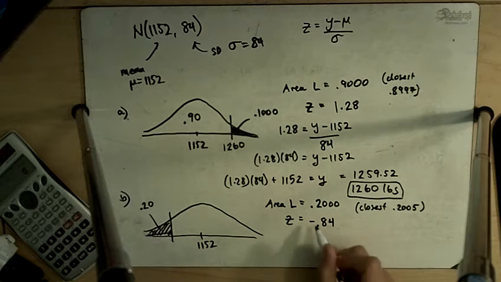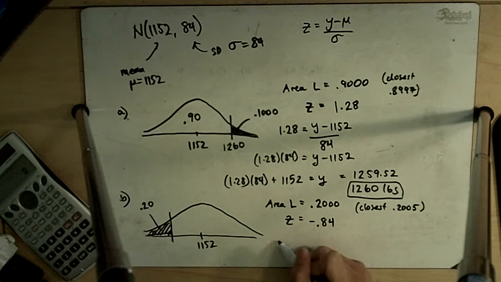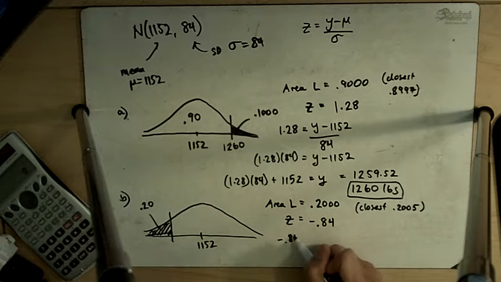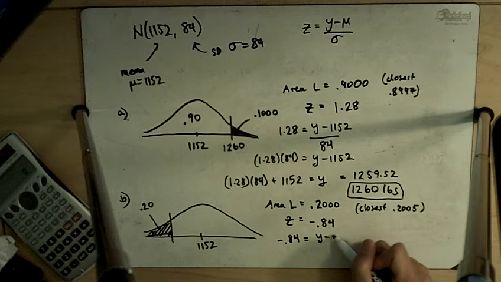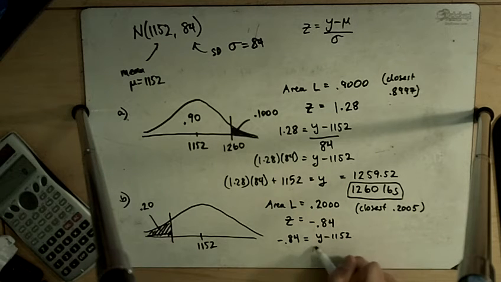So here I've got a z value equal to negative 0.84, and again, this is just algebra. Negative 0.84 is equal to y minus mu divided by sigma. Our mu is 1152. Our sigma is 84.